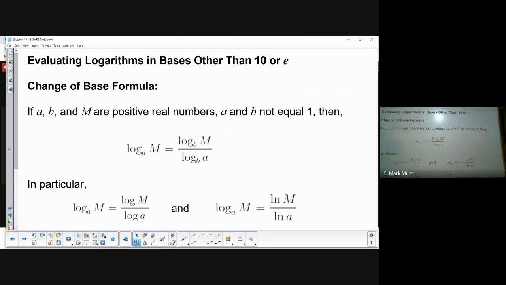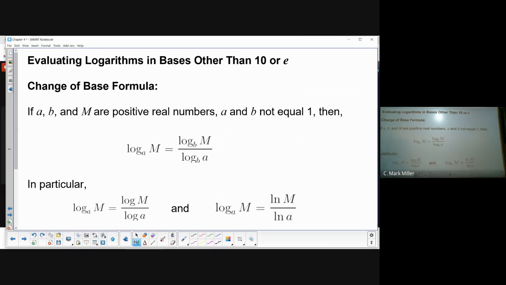Now, here's something I mentioned before. On your calculator, you have two bases of logarithms: LOG, common log base 10, and LN, natural log base e. Notice that they have their inverses as the alternate function, the e to the x and 10 to the x.